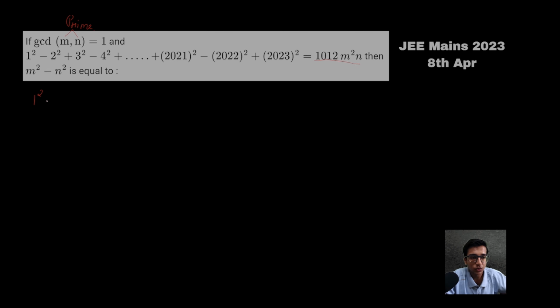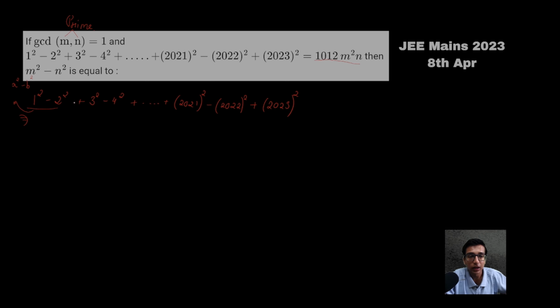We have been given 1 square minus 2 square plus 3 square minus 4 square plus up till 2021 square minus 2022 square plus 2023 whole square. Now how can we simplify this? You can see that there is a positive term and a negative term. That means this is in the format of a square minus b square.